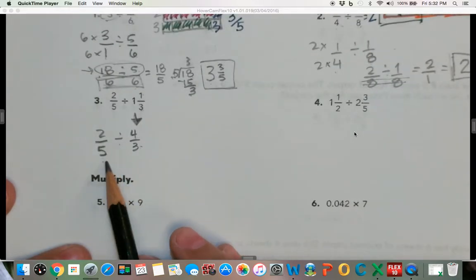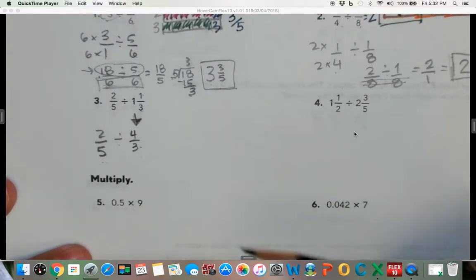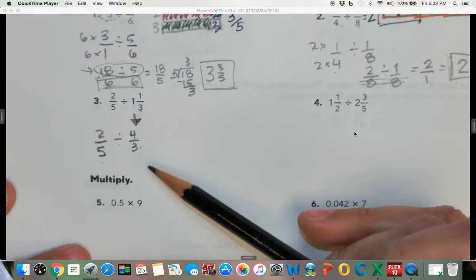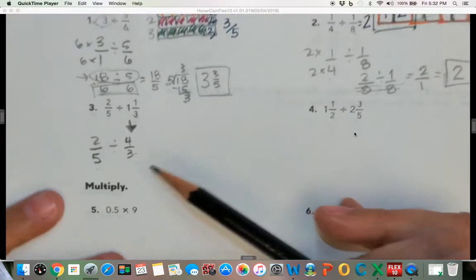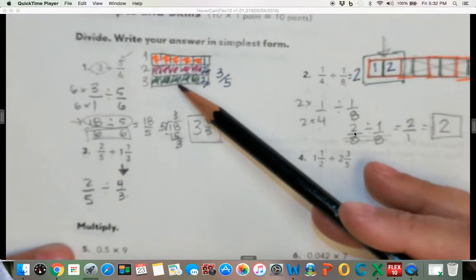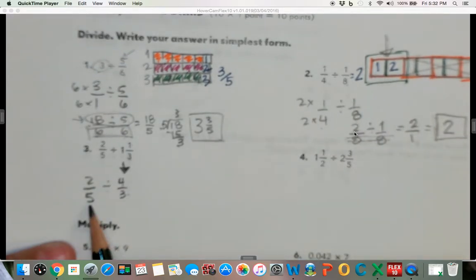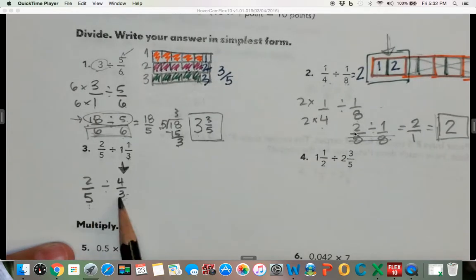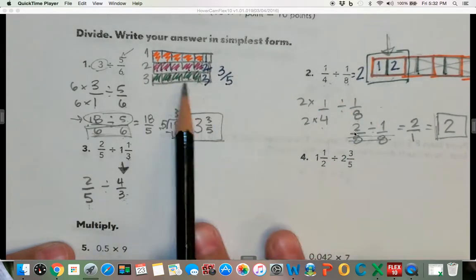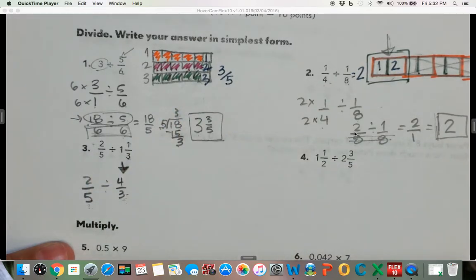I can divide once I make my denominators the same. I'm not going to draw a picture for this one because it's too many little boxes. I proved why it works here and why it works here. Why I can ignore my denominators once I've made them the same.